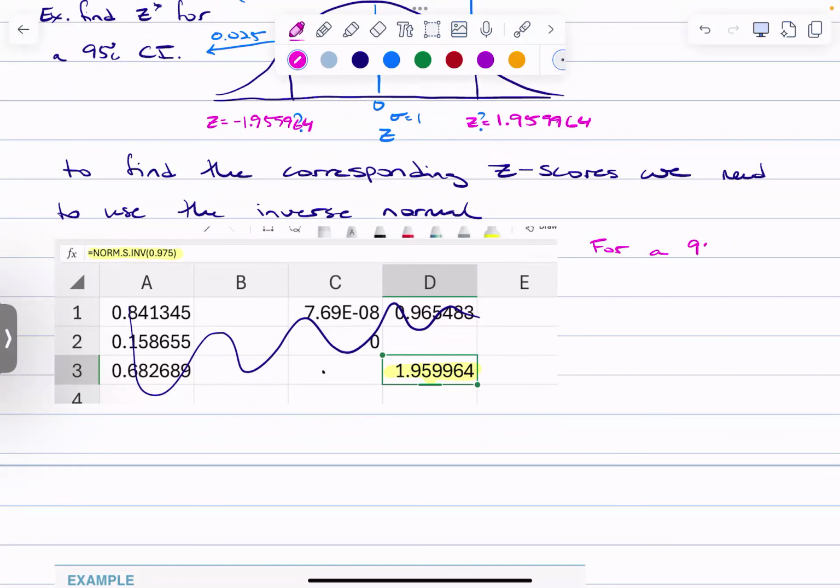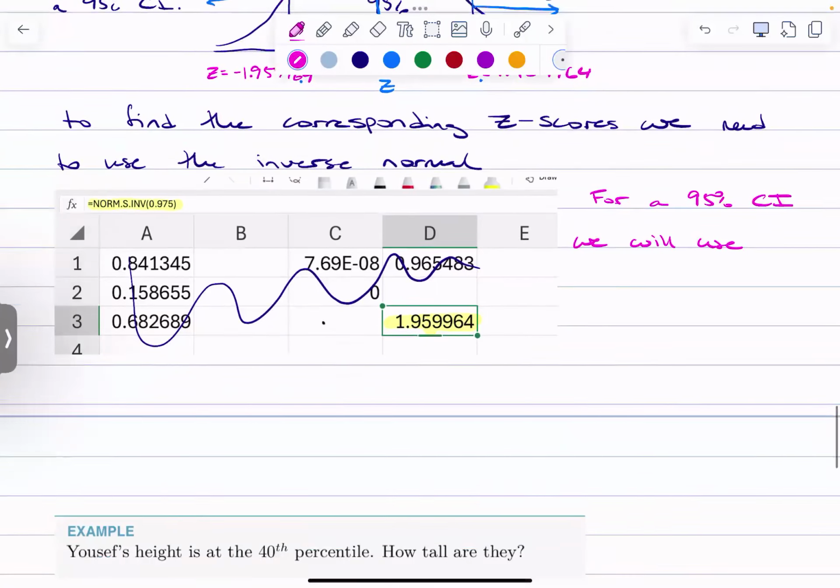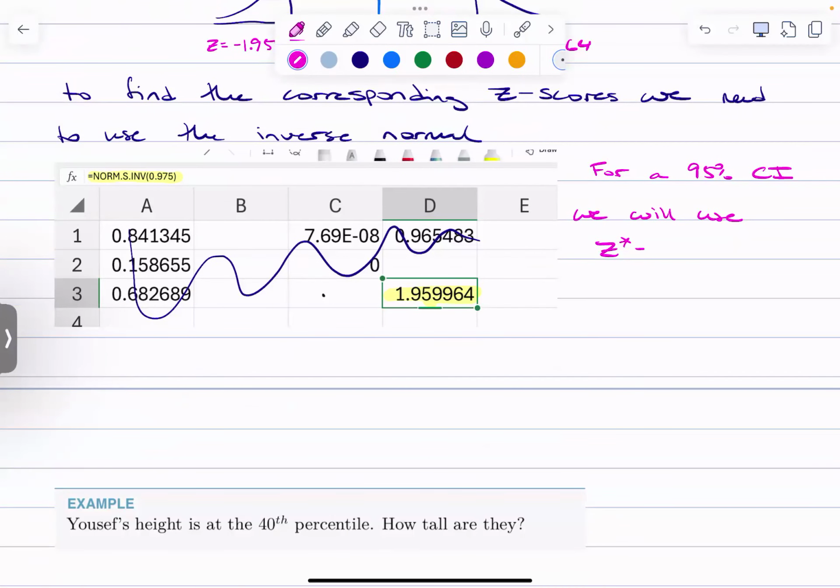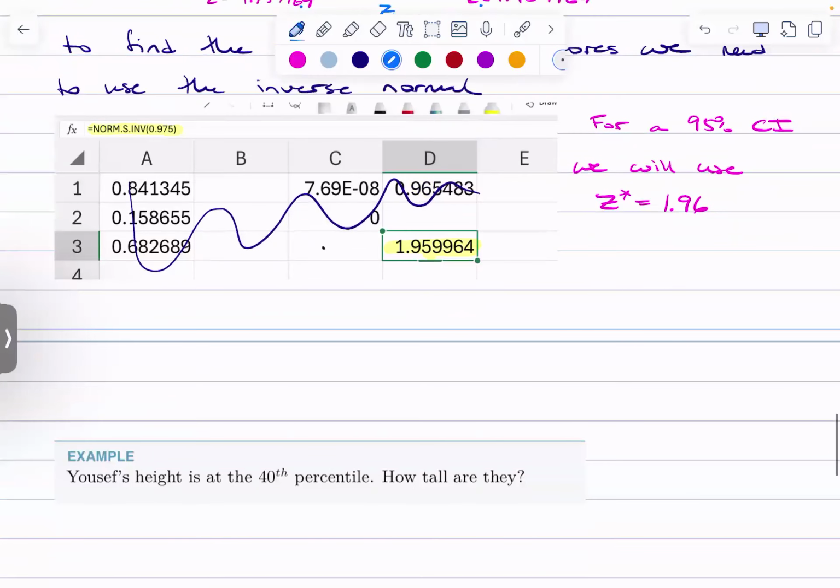So for a 95% confidence interval, we will use Z star equal to 1.96. I'll put in brackets here: slightly more precise than 2.